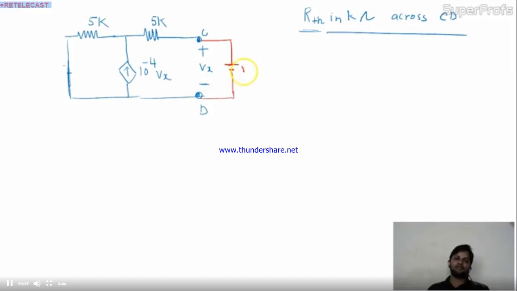And the value of this battery is already given, Vx. Vx is nothing but the voltage given across two terminals. Is it okay? And the current due to this, I assume I.